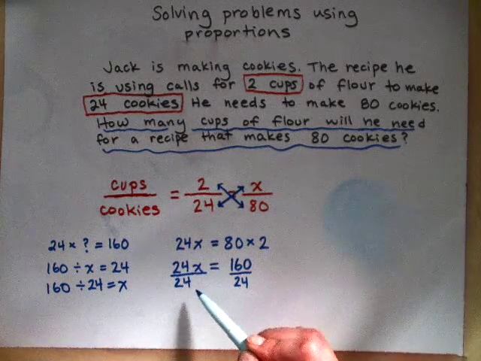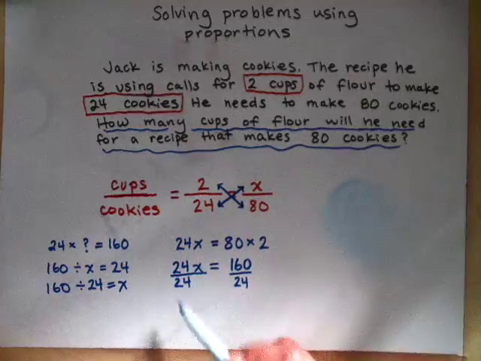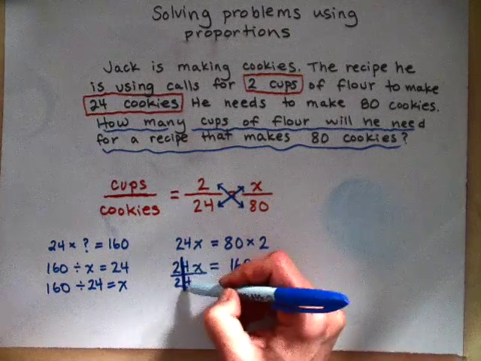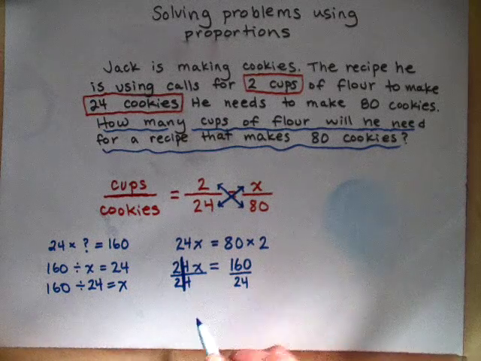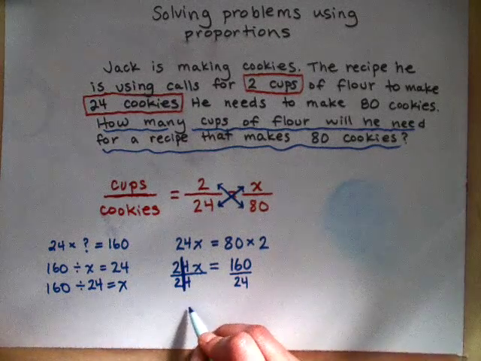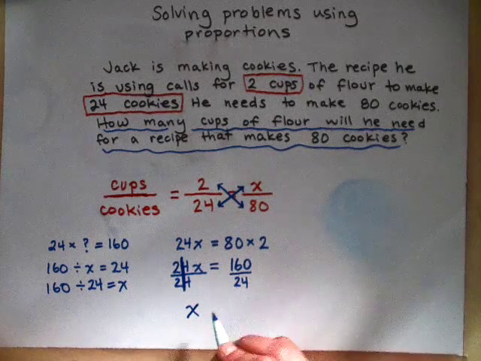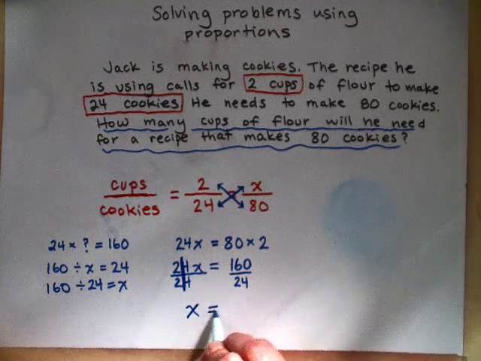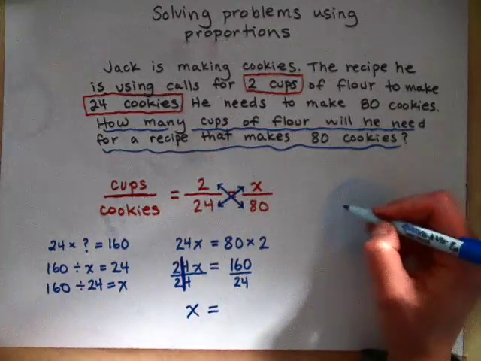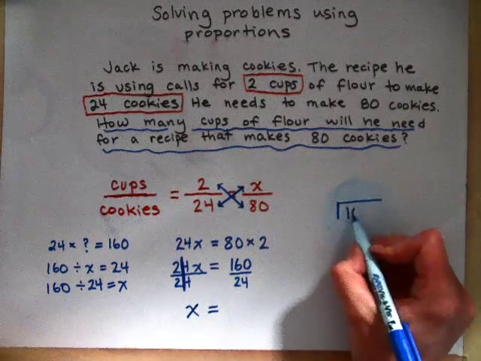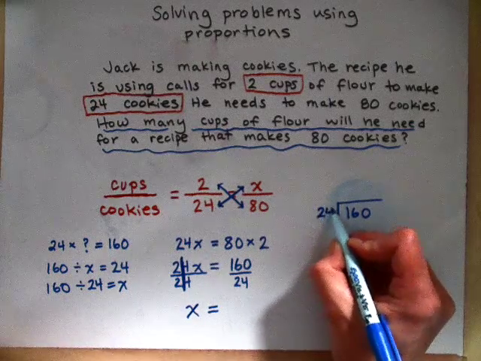So 1x is just x. So now, I like to put a big 1 in the middle because 24 divided by 24 equals 1. And then you're left with x, because it equals 1 times x. And then you have 160 divided by 24. So top number in the house, remember, 160 divided by 24.